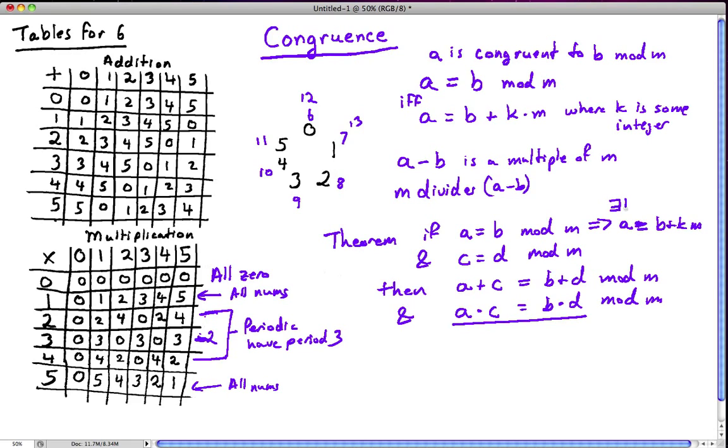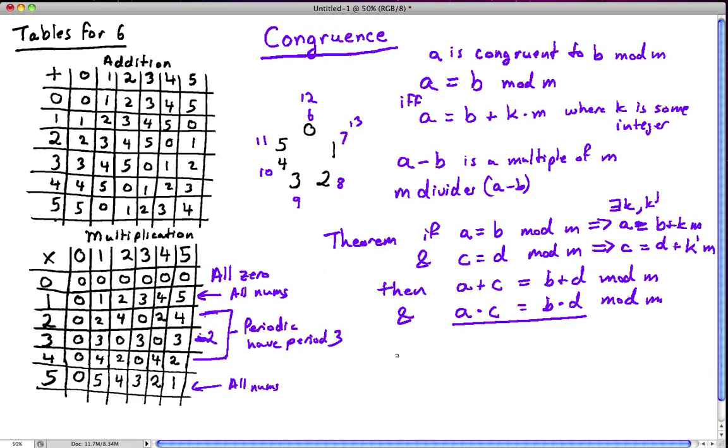That there exists some K for which this is true. If C equals D, that's the same as saying that C equals D plus K prime M, some other K prime. So now we know these two things are true.